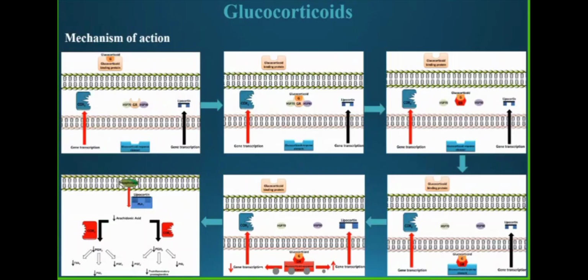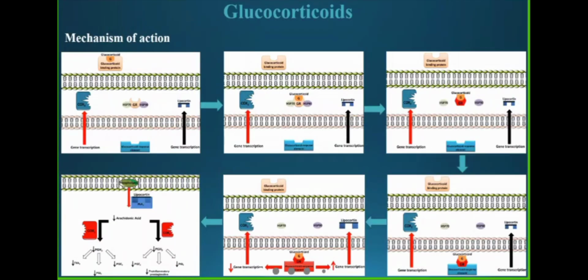This activated form will then translocate into the nucleus, where it will bind to the glucocorticoid response element. After binding, it will increase gene transcription, increasing the level of lipoprotein and, vice versa, decreasing the expression of the COX enzyme.